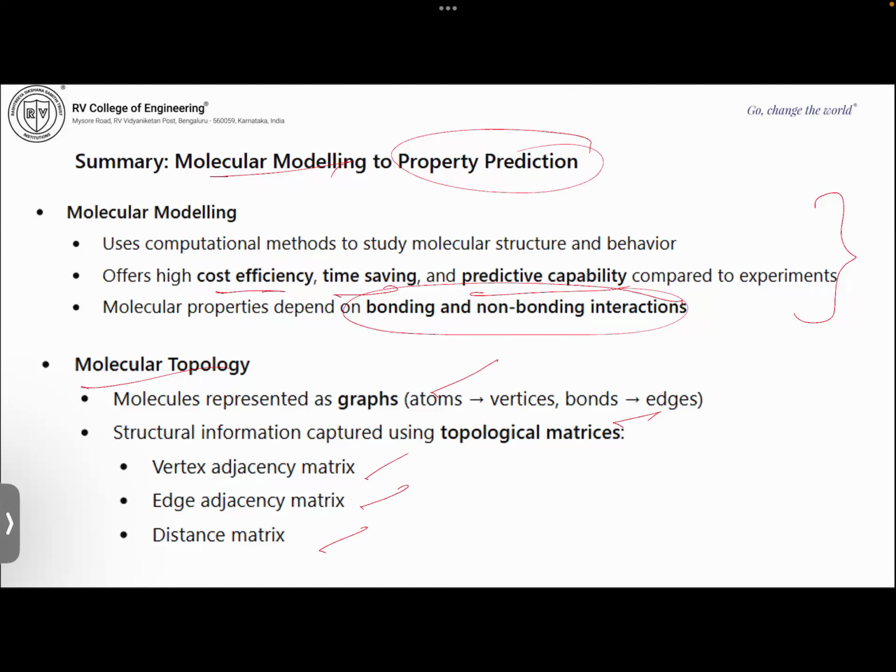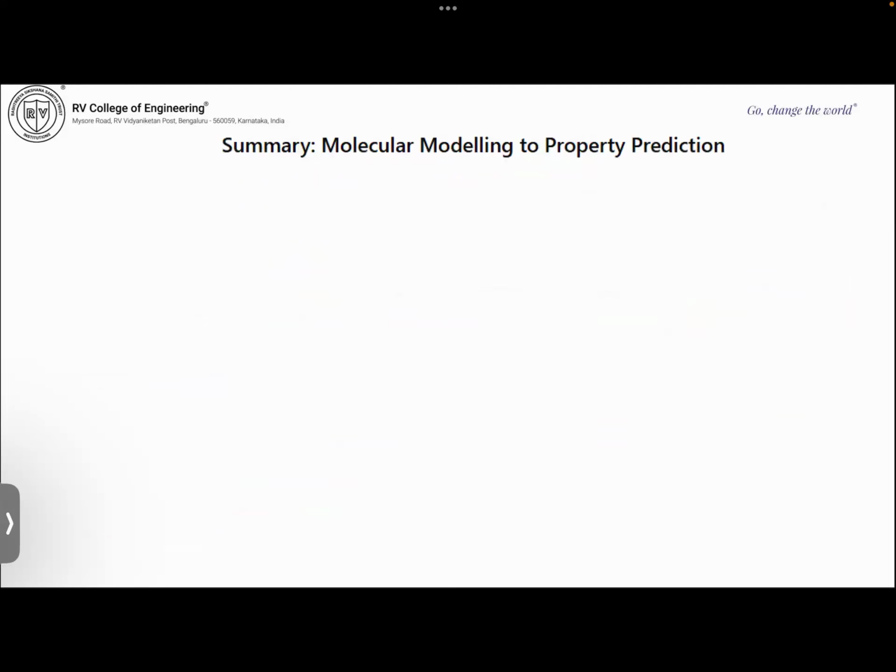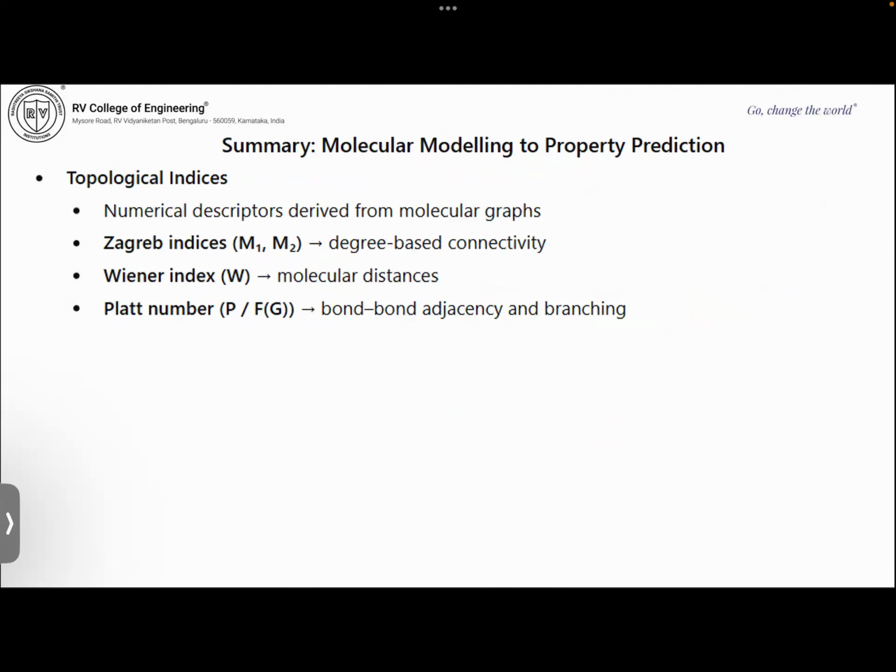This is the first recording out of four, and the second part is covered in the second recording out of four. Next, we discussed in my previous recording, the third of four, topological indices.